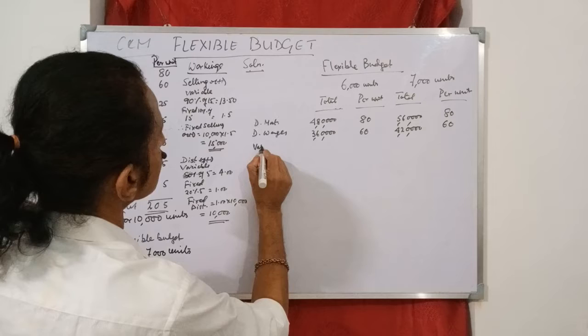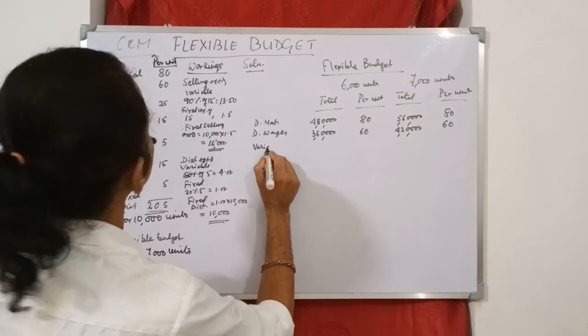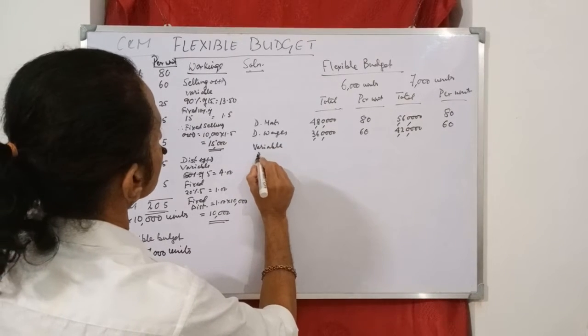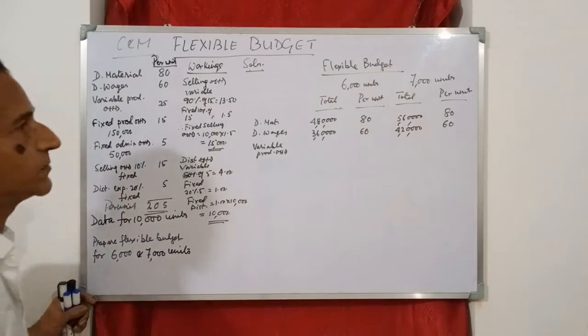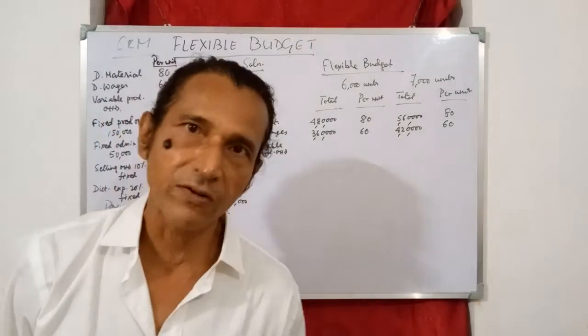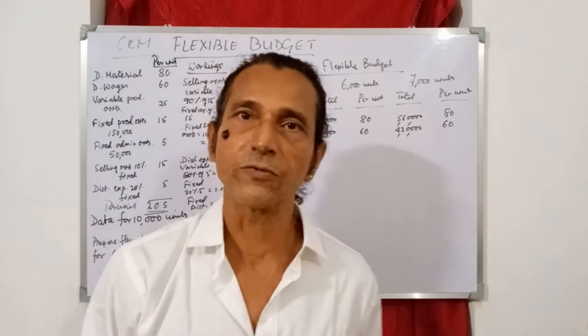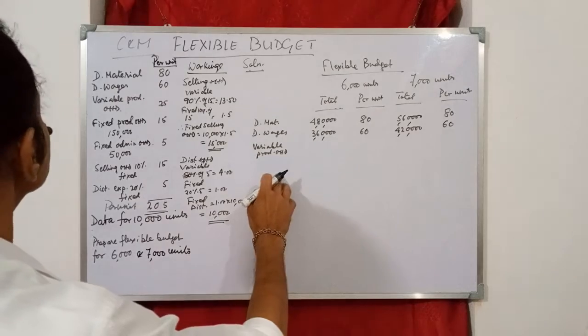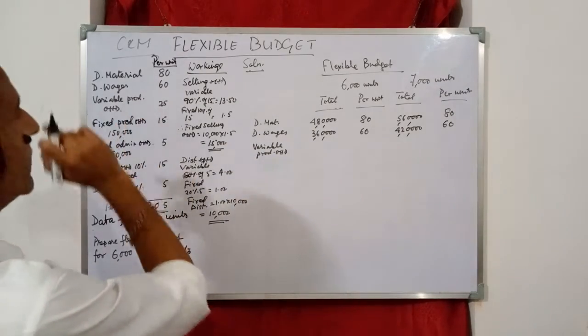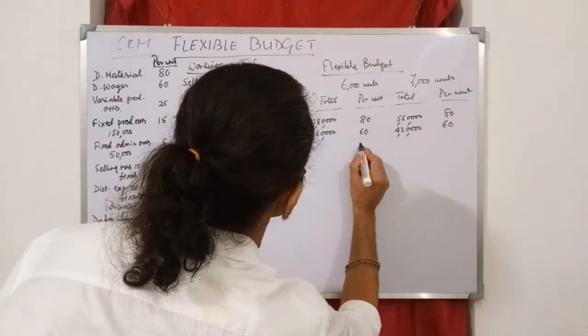Variable production overhead or manufacturing overhead, same thing. Variable production overhead or variable manufacturing overhead or variable factory overhead, all are same thing. So variable production overhead, how much? 25 per unit.